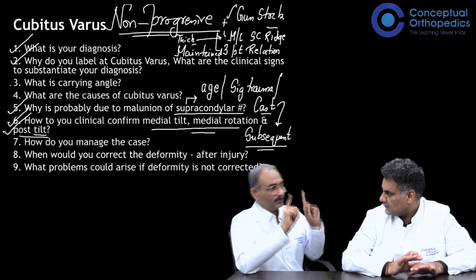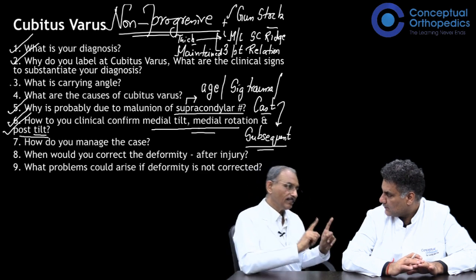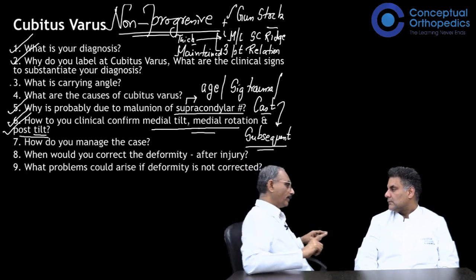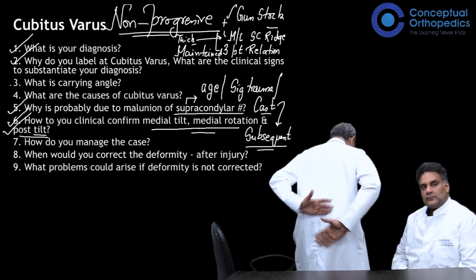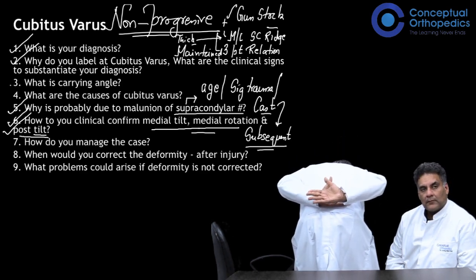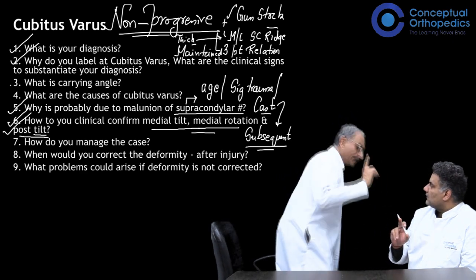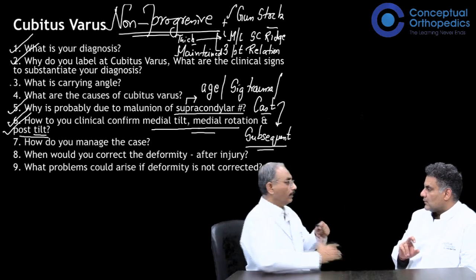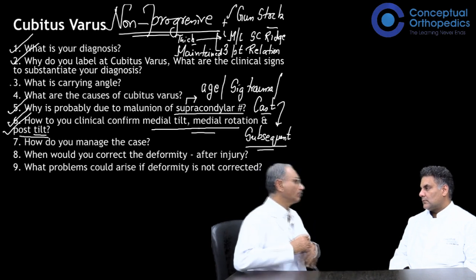Yamamoto sign, which was described way back in the 80s, is a demonstration of the same thing, by a test where the person stands up with his hands leaning forward and then does this. Is this an active test or a passive test? It is a test where he is doing it actively, but you see the end result of that active movement.